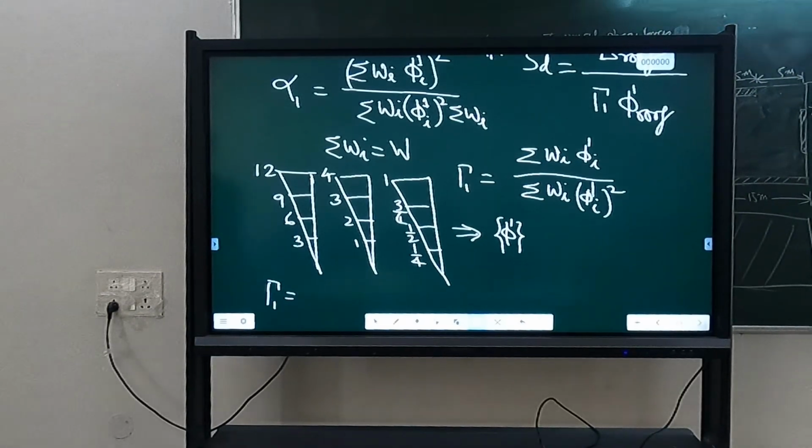So the maximum value of VB you will get from pushover analysis will be more than what you have designed for. And what is usually the ratio? 1.5 to 2.5 in that range. If you are designing as per the Indian code, that ratio will be somewhere 1.5 to 2.5.